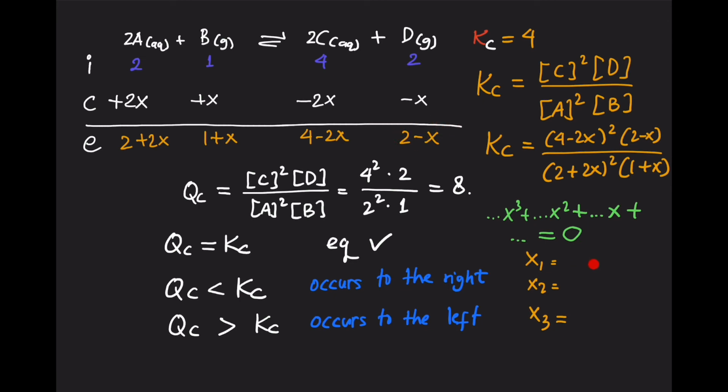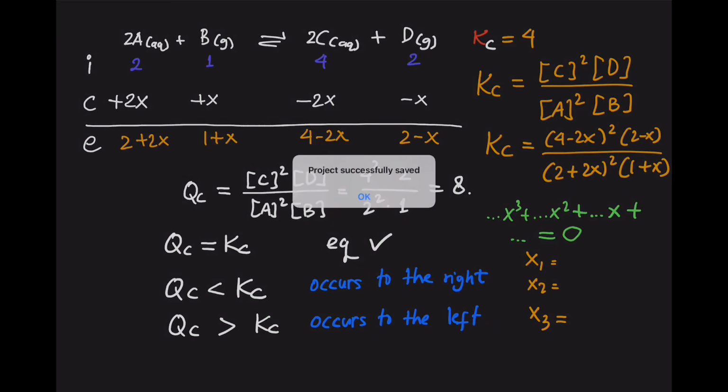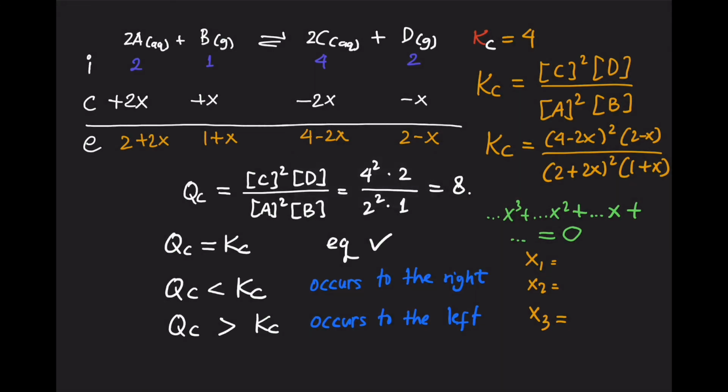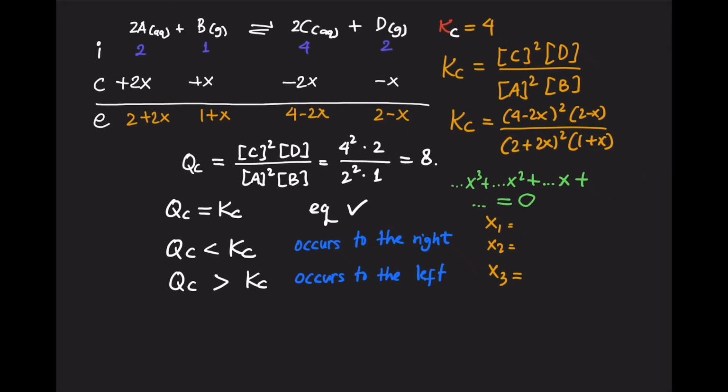So be careful in choosing the x. Make sure that none of these numbers will become negative or become 0, and that is the x that you are going to choose. So therefore, if you have solved the x, then you can say that the equilibrium composition is as follows. So the equilibrium composition.